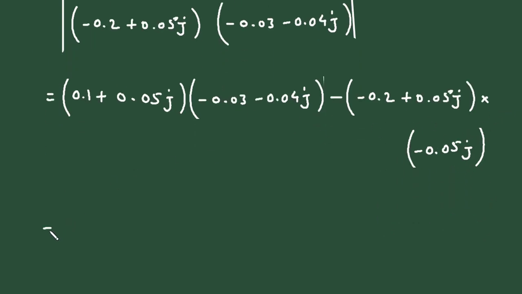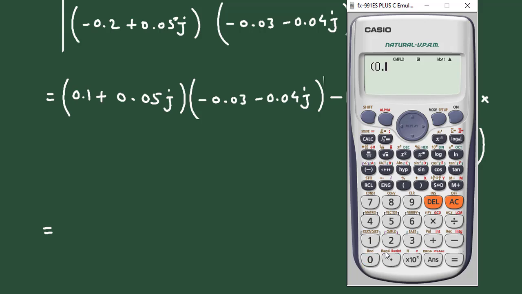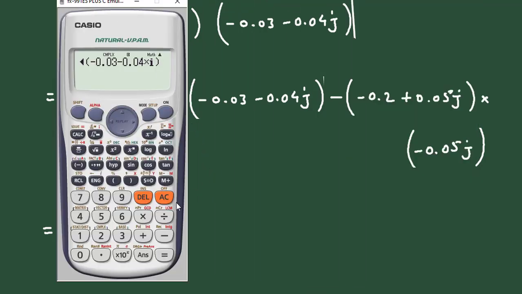Now let's put these values in calculator. So we get 0.1 plus 0.05 into j multiplied with minus 0.03 minus 0.04 into j, then minus 0.2 plus 0.05 into j multiplied with minus 0.05 into j.